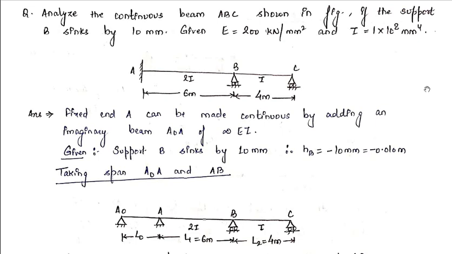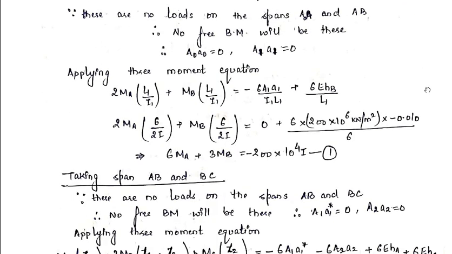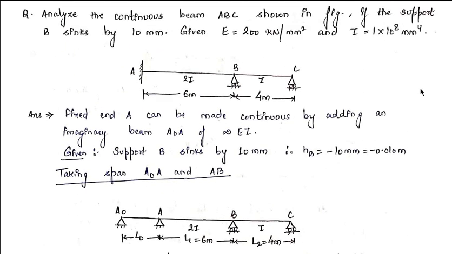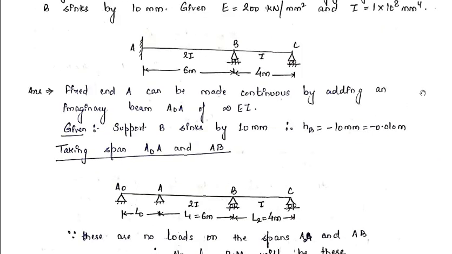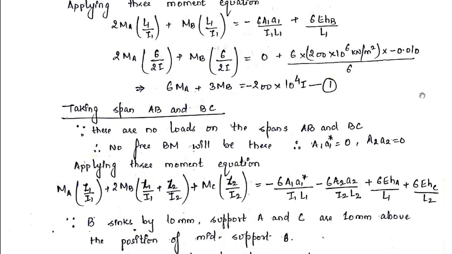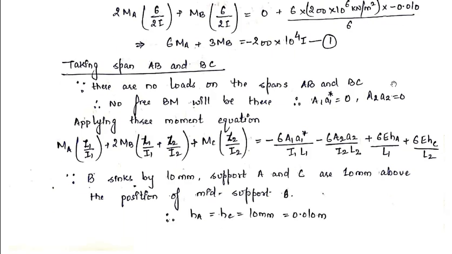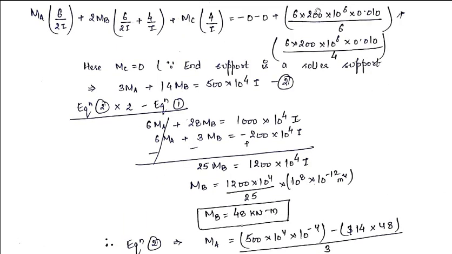So while putting the value of E, you will have to keep in mind that the unit should be kilonewton per meter square. Kilonewton per mm square can be converted into kilonewton per meter square by multiplying it with 10 to the power 6. So while putting the values, you will have to multiply it with 10 to the power 6 to convert it into kilonewton per meter square. Okay, so here also we have multiplied it with 10 to the power 6.